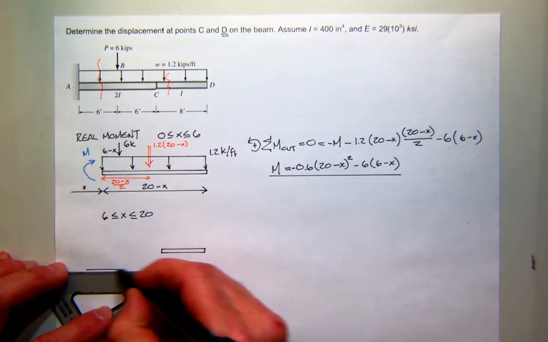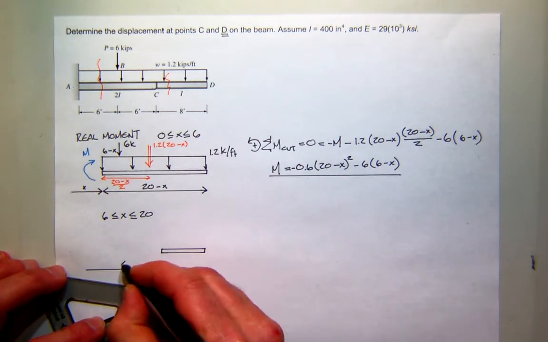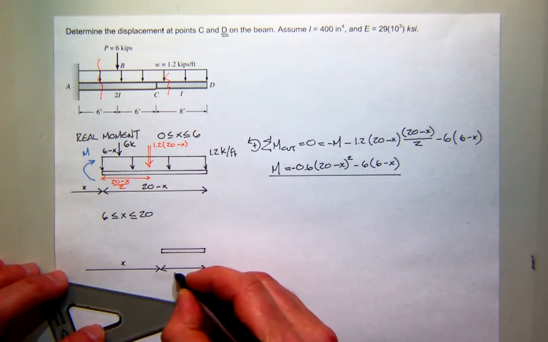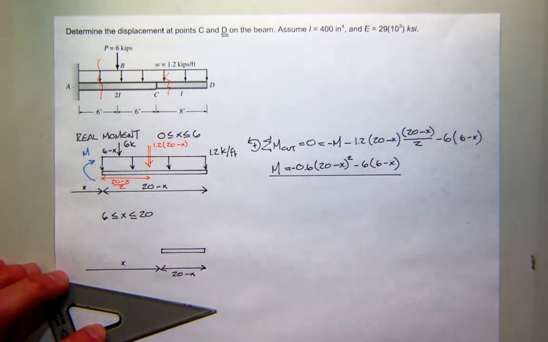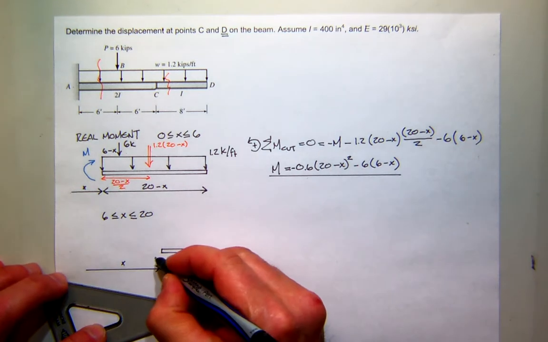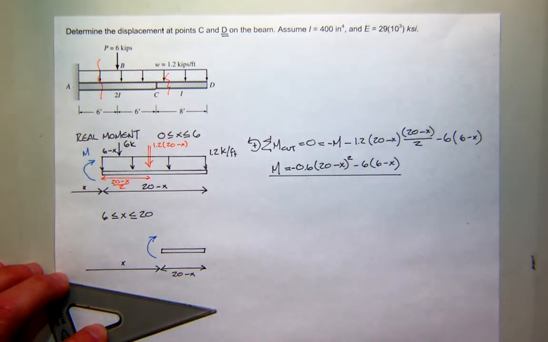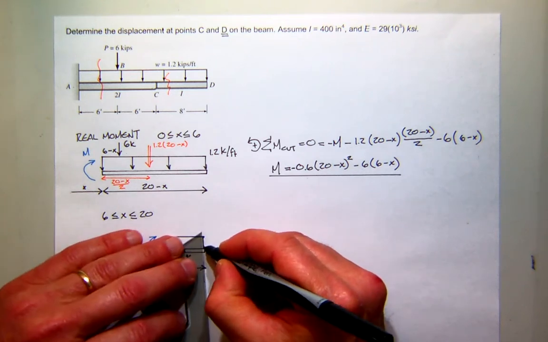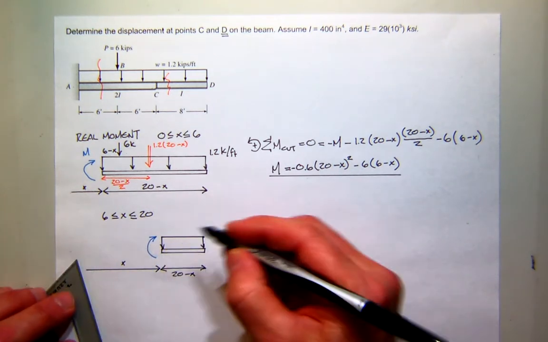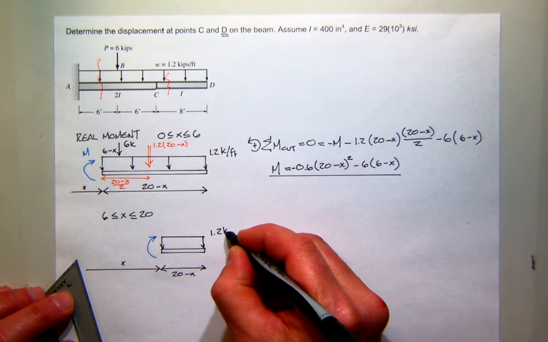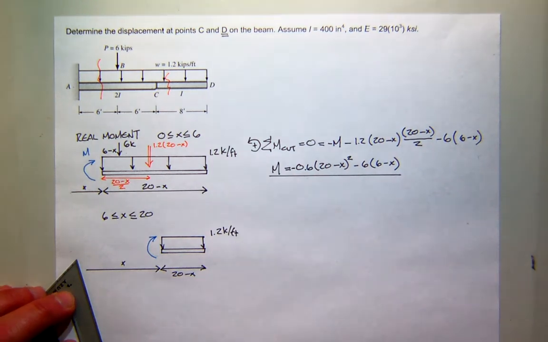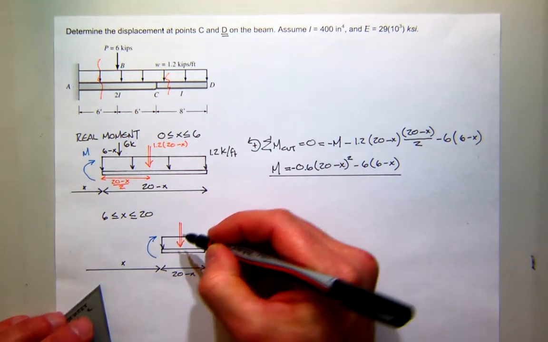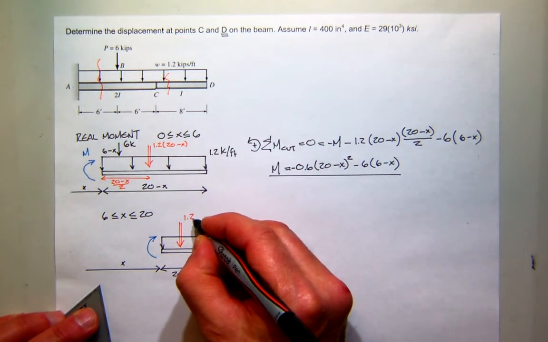Again, we'll be coming out some distance x, and our length of the structure is 20 minus x, as before. We have our internal moment M, and in this situation, only the distributed load with the same value, 1.2 kips per foot. So now I'll get the concentrated equivalent of that, which interestingly enough is the same as the first one.